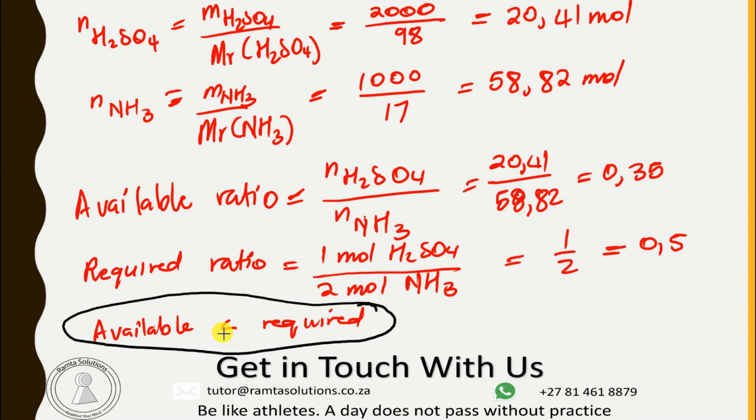But this time, available is not greater than required, but rather available is less than required. Therefore, it means numerator will be limiting.